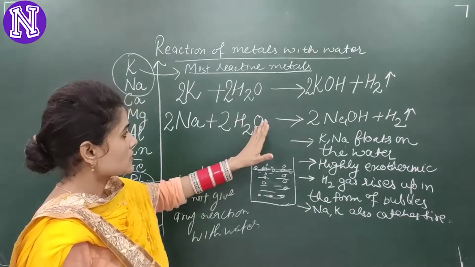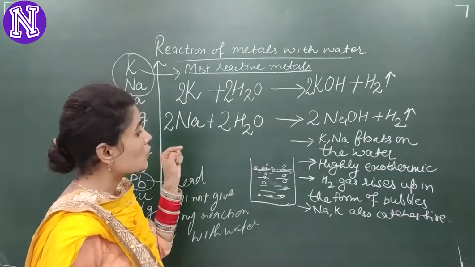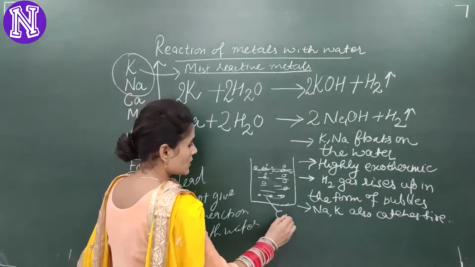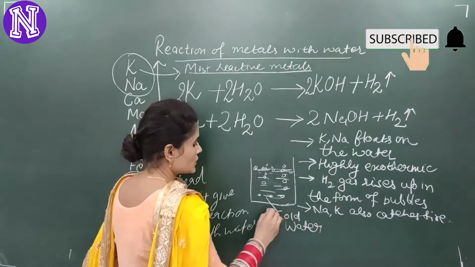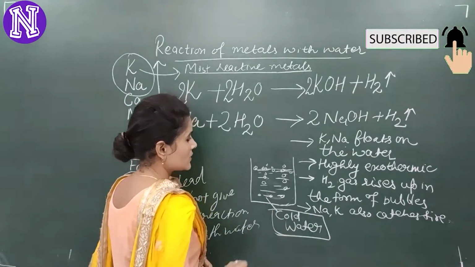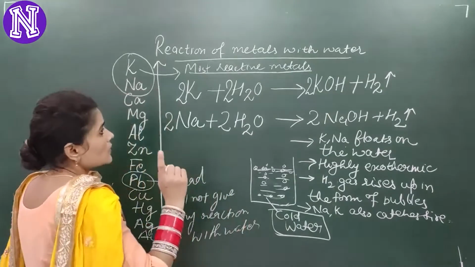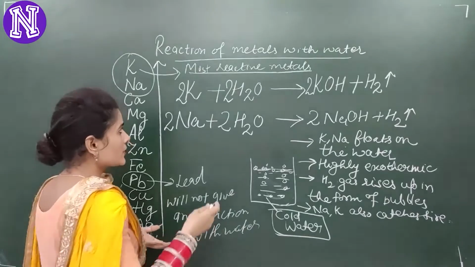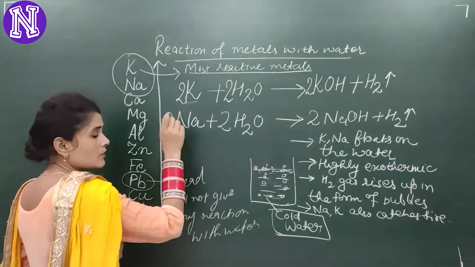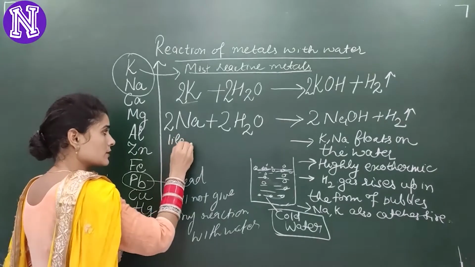So students, this is the reaction of sodium and potassium with cold water. These two metals give reaction with the cold water. Moreover, when potassium catches fire, the color of the flame of potassium is lilac.